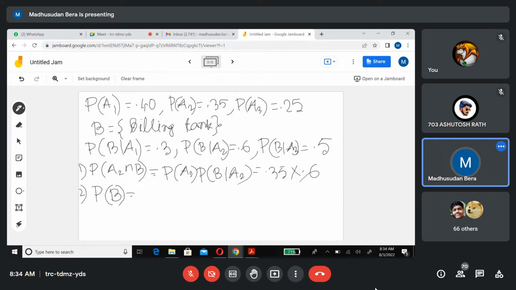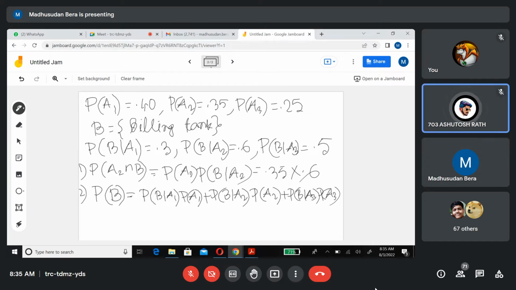By the total law of probability, P of B is P of B given A1 into P of A1 plus P of B given A2 into P of A2 plus P of B given A3 into P of A3. All values are given, you put it. Is this okay? Yes, sir. So you will get some value.